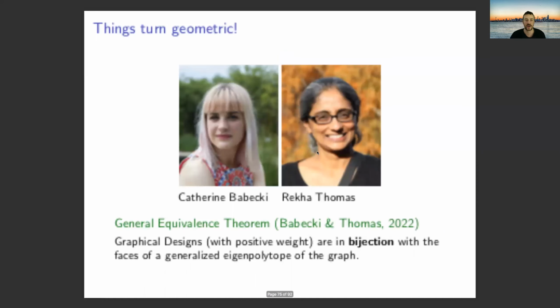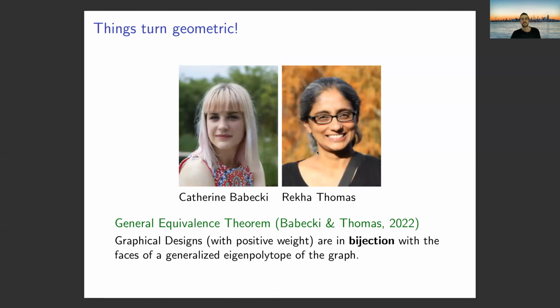Okay, we're good. So then it turns out that there's been lots of recent, very exciting work by Catherine Babecki and Rekha Thomas, and I'll talk about that. So they proved a really fascinating equivalence theorem, where they showed that you can construct something that's known as an eigenpolytope of a graph.